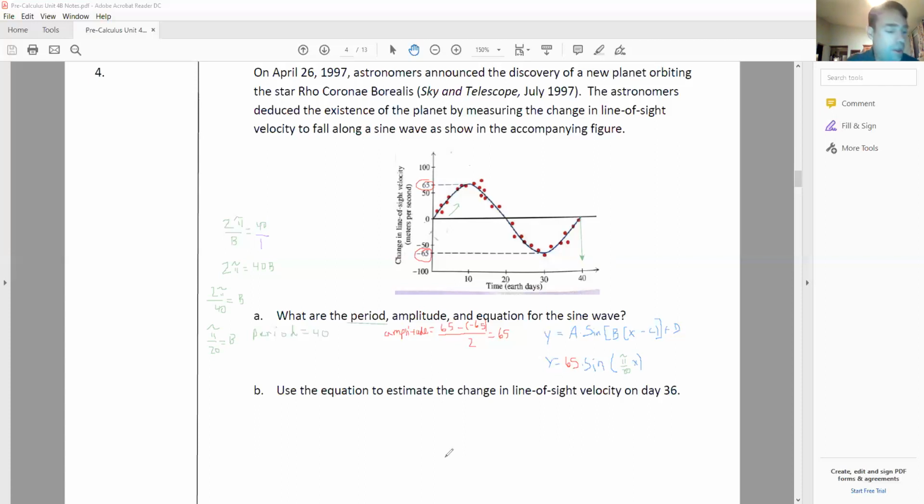So use the equation to estimate the change in the line of sight velocity on day 36. So on this last part, that means x is 36. So make sure your calculator is in the right mode. We're in radians, not degrees. And we're going to plug in 36 for x. So pi over 20 times 36.